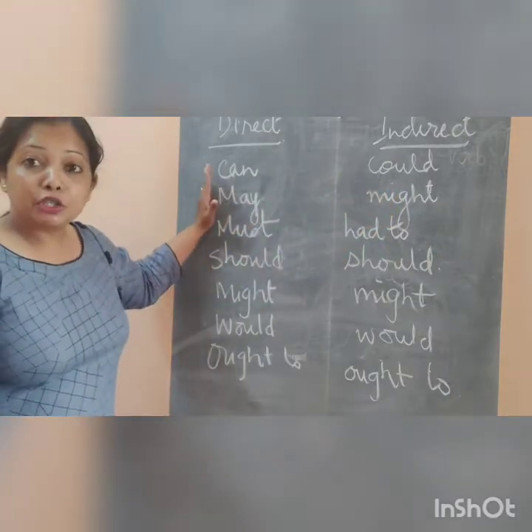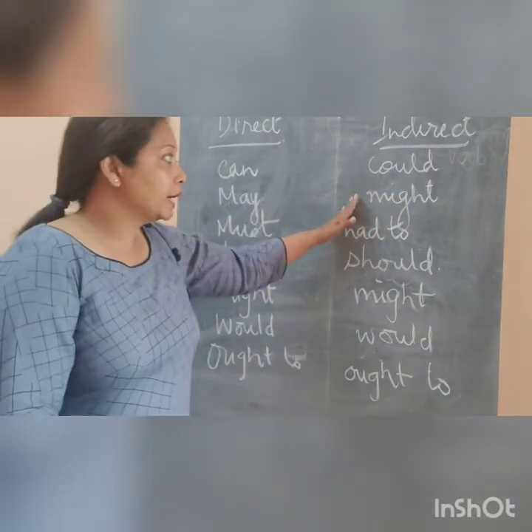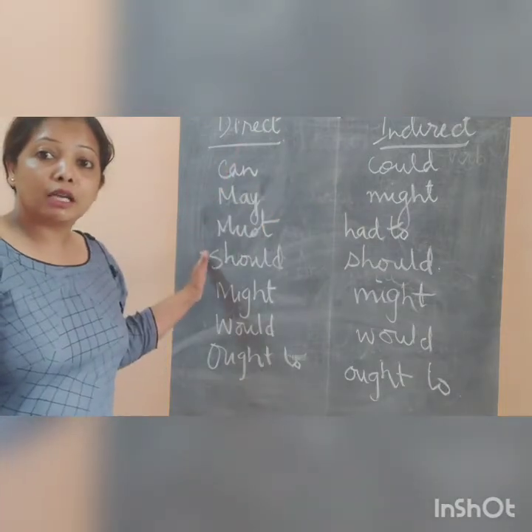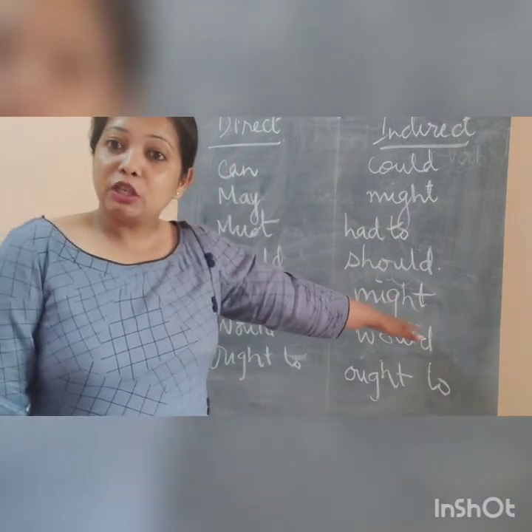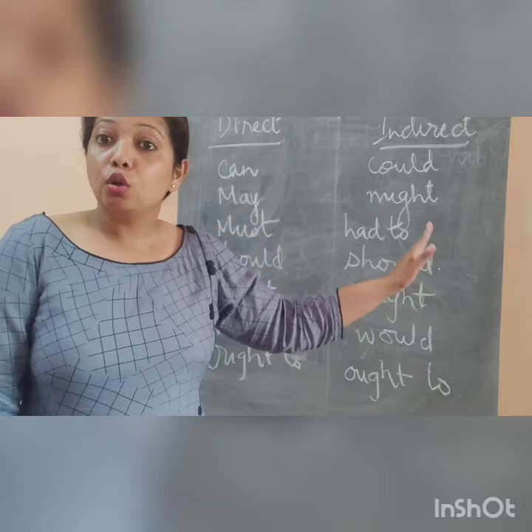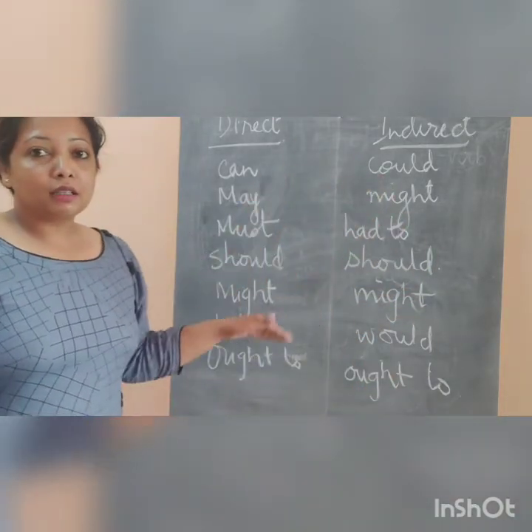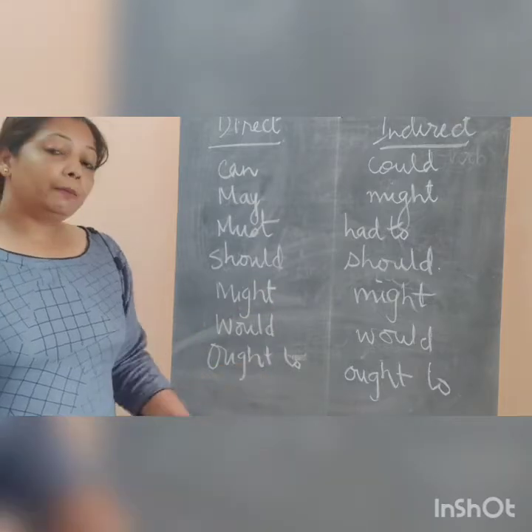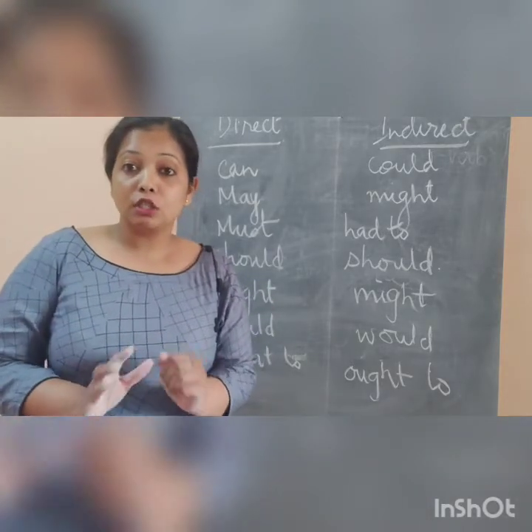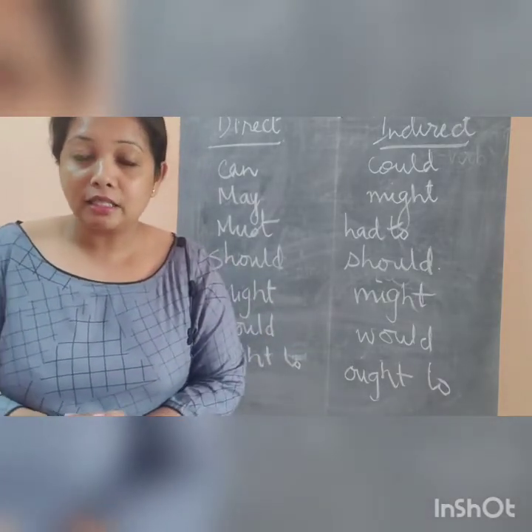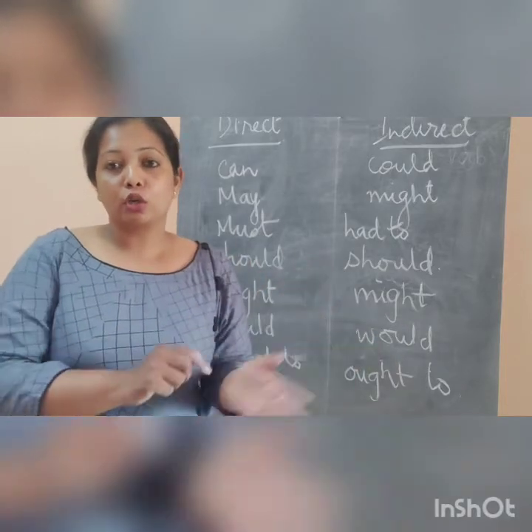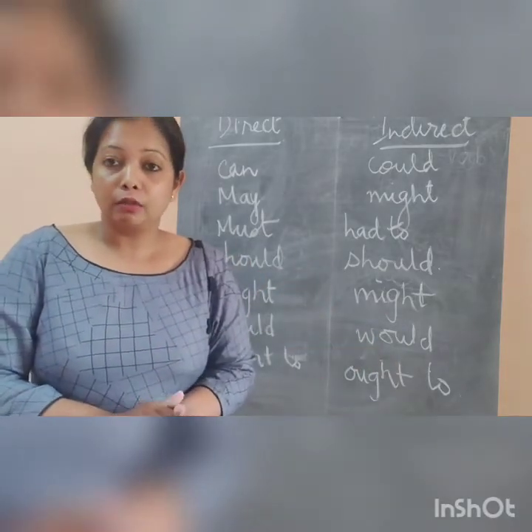If in the direct speech it is may, it will be changing to might. But if in the direct speech it is might, then in the indirect speech it will not change. There will be no change. It will be might only. So you need to study this table nicely, and whenever there are certain changes in the sentence, you need to change according to what is given in the table.